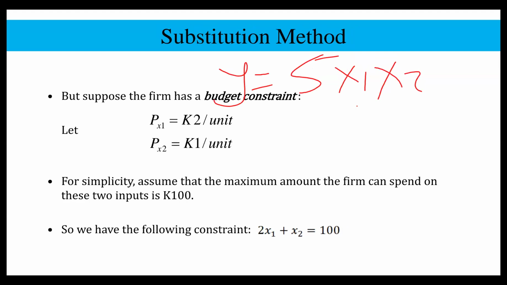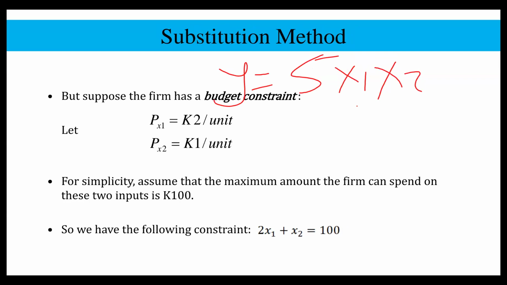We assume the maximum amount of money you have is just 100 for the two inputs. So you are now limited. Your income is limiting you. The maximum you have is just 100, so you can spend just 100 on the inputs.